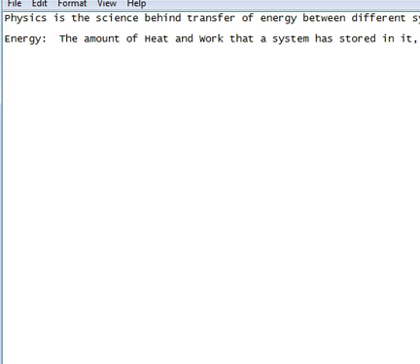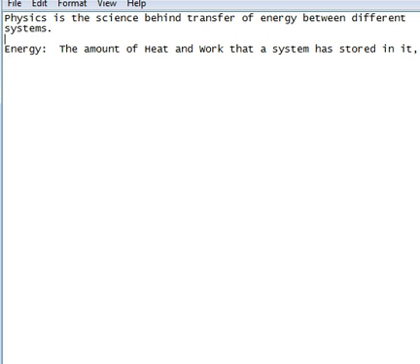So let me just fix this because my screen has a certain capacity. Like that: energy, the amount of heat and work that a system has stored in it and can utilize on other systems. So now you have a basic understanding of energy.